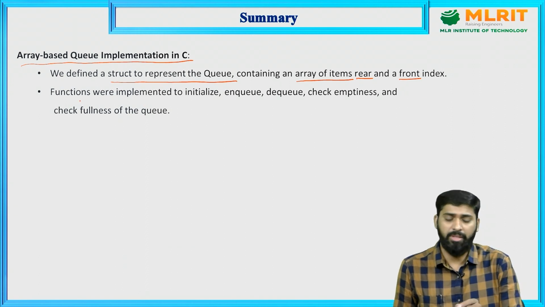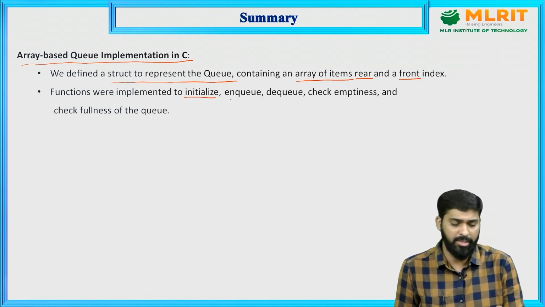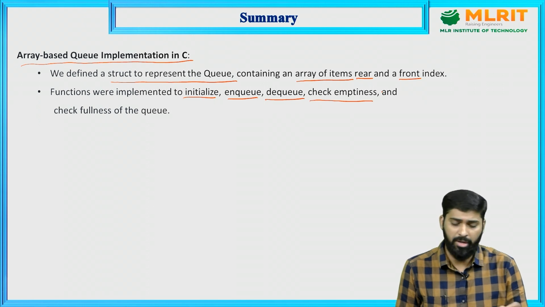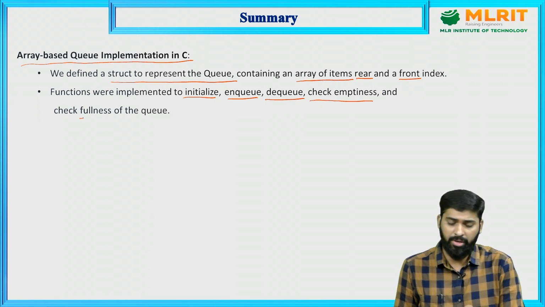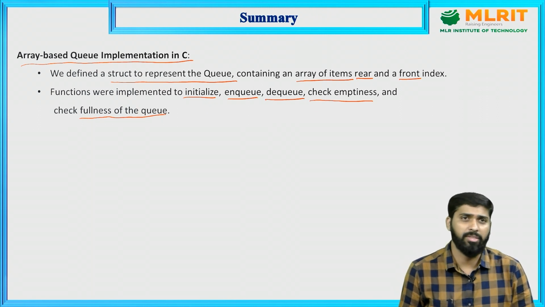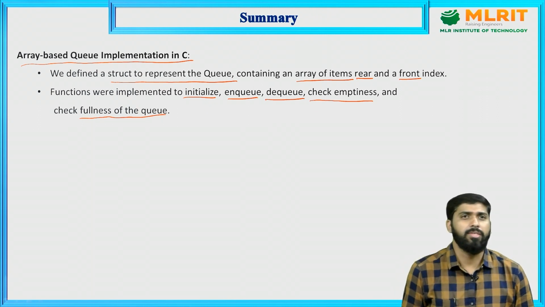We implemented the functions initialize, enqueue to insert an element into the queue, dequeue to delete an element from the queue, isEmpty to check whether the queue is empty or not, and one function to check the fullness of the queue, isFull. Okay. So this is about the implementation of queue.